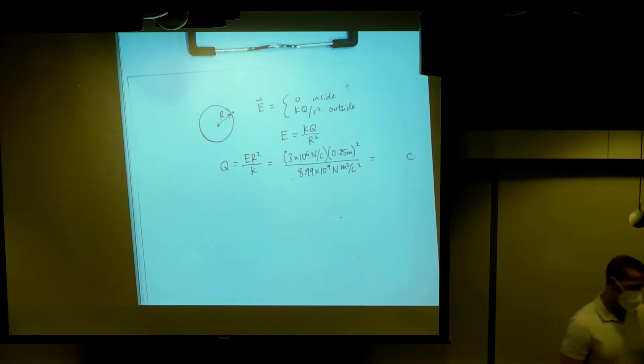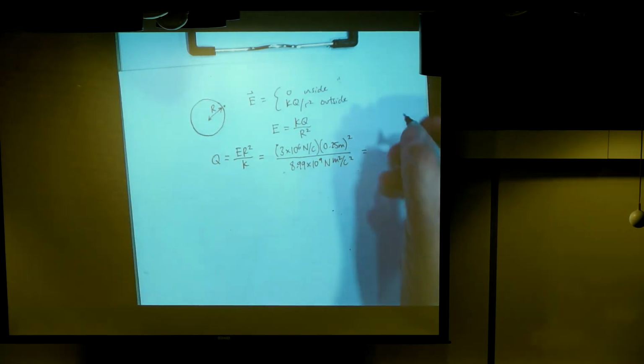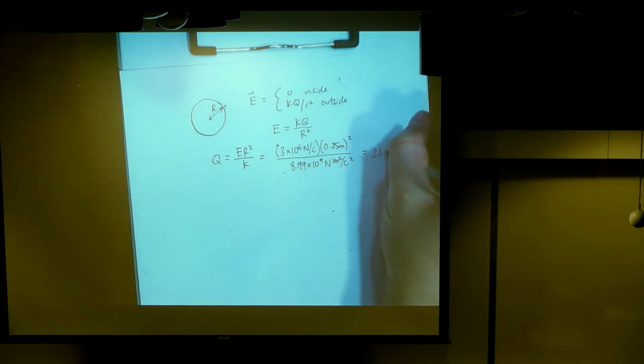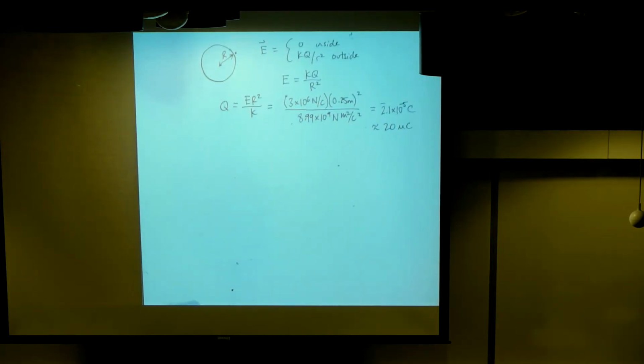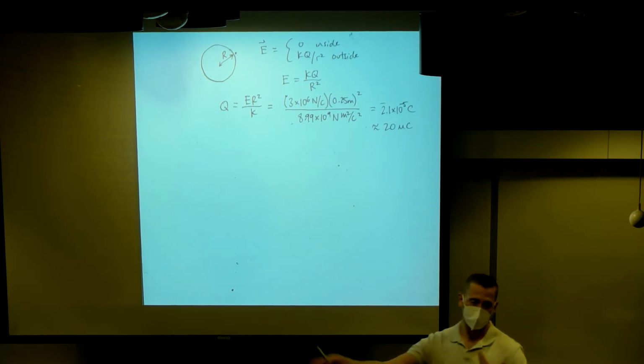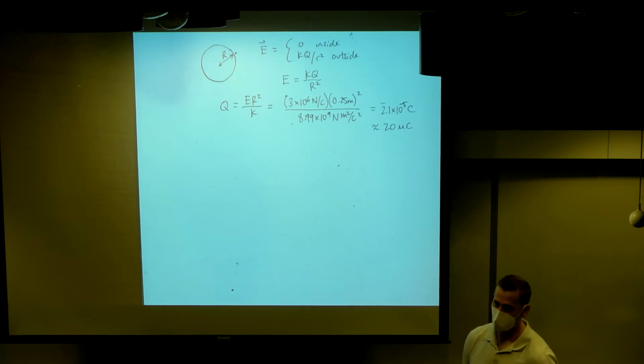And what do we get as a result of this? 2.09 times 10 to the negative 5. Yeah, so I'm going to round that to 2.1 times 10 to the minus 5, and that's about 20 microcoulombs. Okay? So the sphere can really only hold 20 microcoulombs before it just discharges to the ground through the air. So you can't even put more charge than this on it.